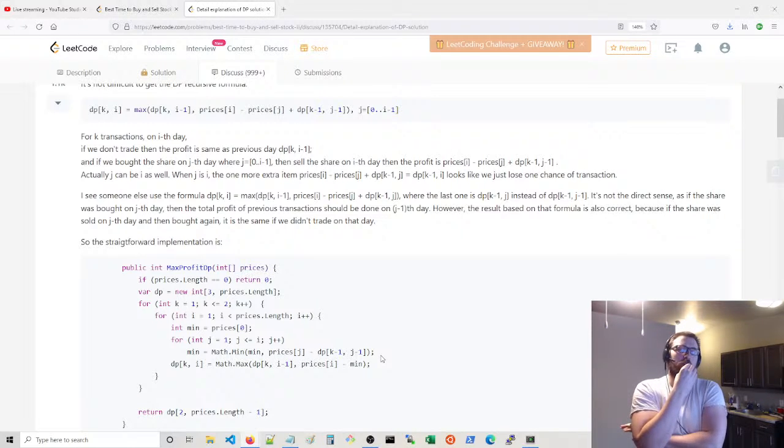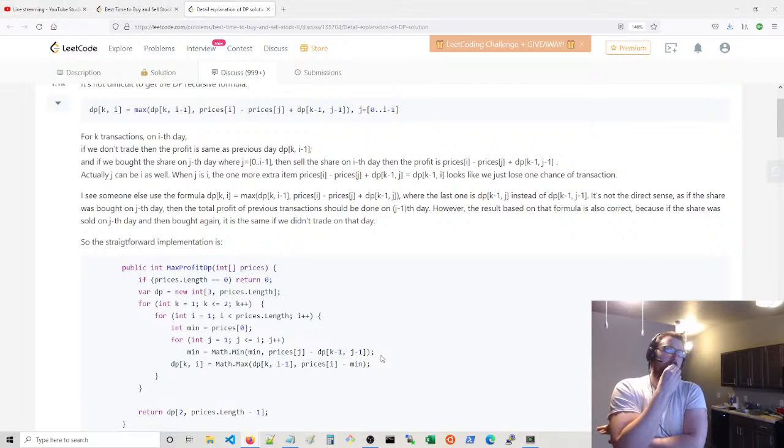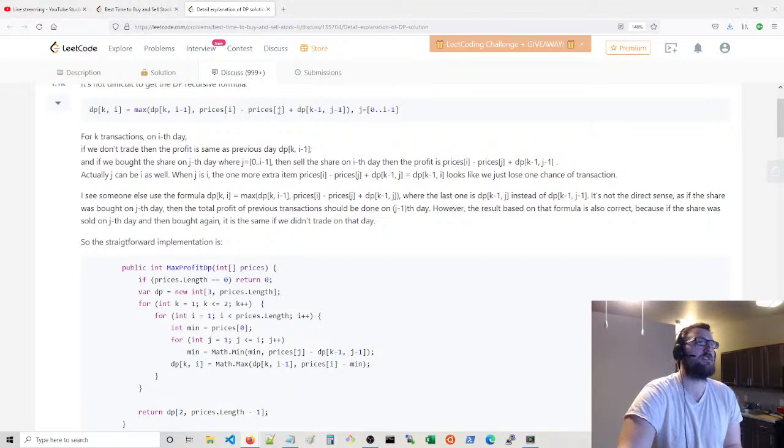Another way of expressing it is that it's redundant information, which means you only need to consider i minus 1 here for j, and you could also consider i minus 1 and also i here as well. Prices of i minus prices of i minus 1.